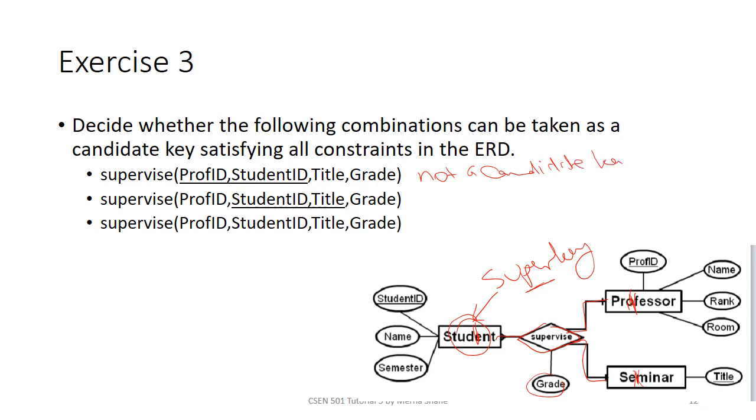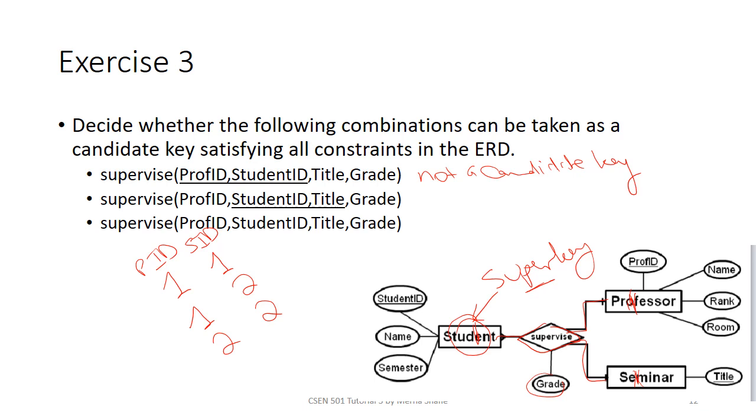Not a candidate key. So, does it violate any constraint? Let's see. If I have professor ID 1 and student ID 1, I can repeat the professor ID with different students, and I can repeat the student with different professors, because both together form the primary key, so both together cannot be repeated.